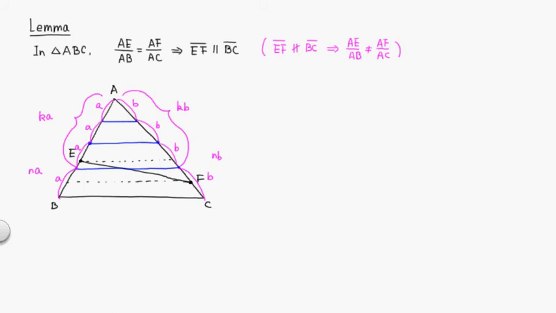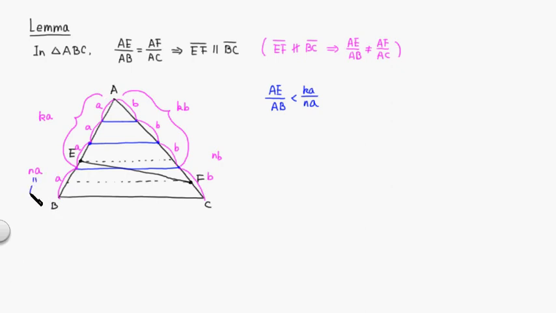So if you want to express this ratio, AE over AB, in this picture, you can see that AE is actually shorter than KA. So this is going to be smaller than KA over NA, because AB is the same thing as NA.